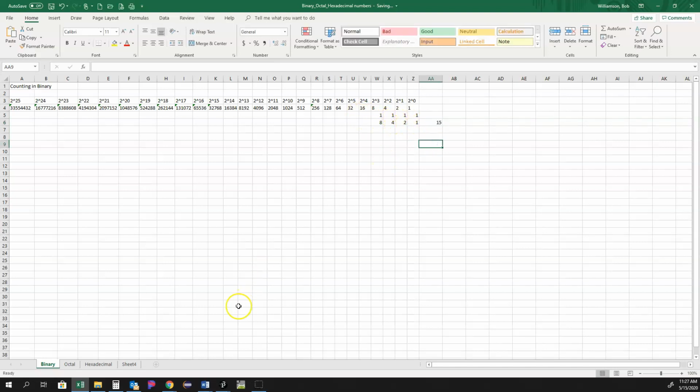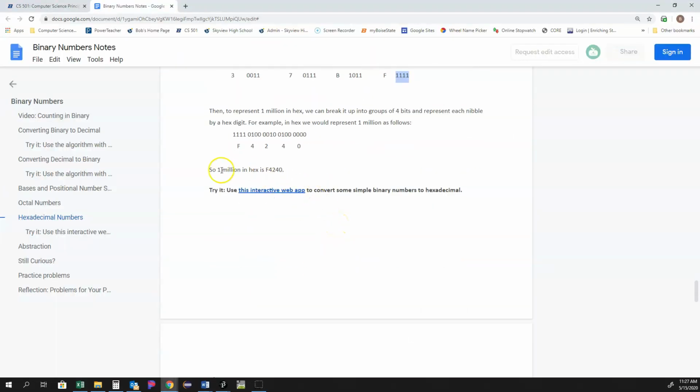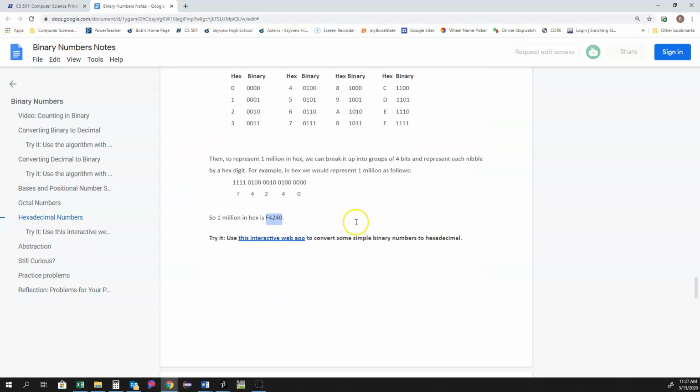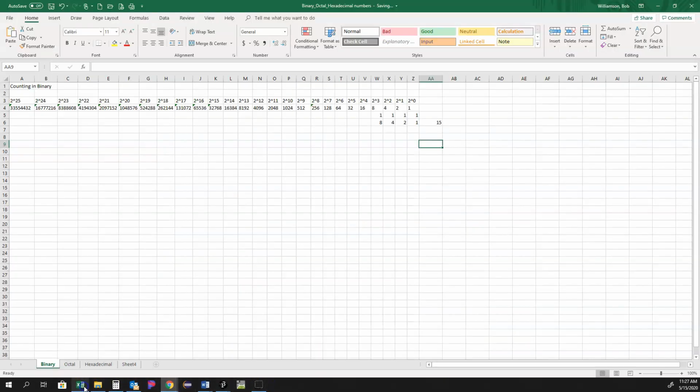So that is how that works. Okay, so in 1 million, the hexadecimal value is F4240.